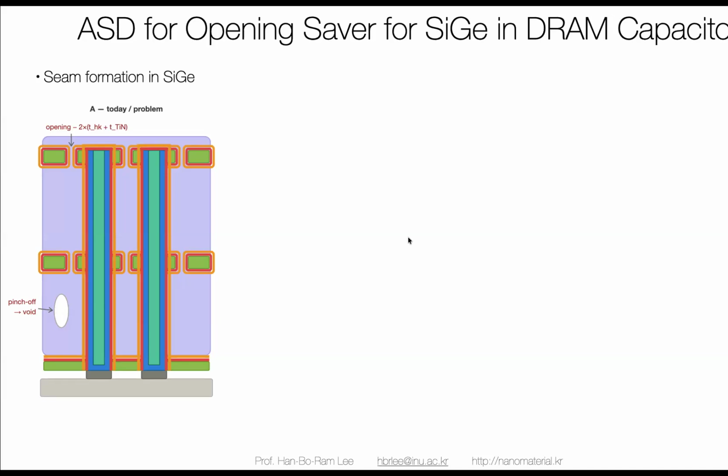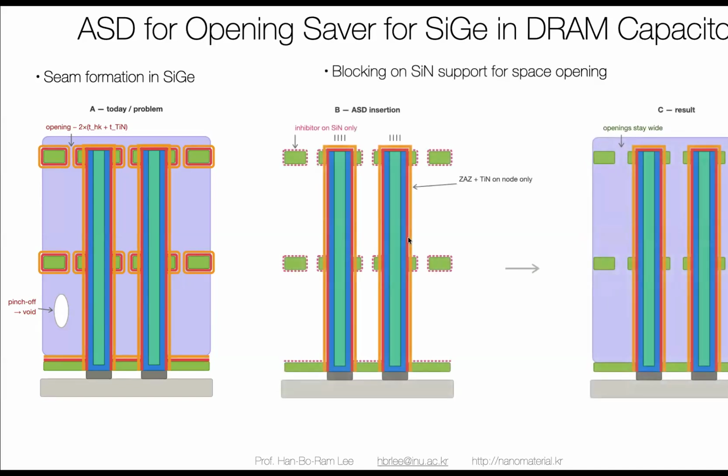But as you can see, silicon germanium should be deposited through this very narrow area because we have to deposit bottom electrode, high-K, top electrode. But if you block the support area by using inhibitor, there is no deposition of that. We have more opening area for the deposition of the silicon germanium. Because of that, we can prevent any pinhole and void formation inside of the DRAM capacitor.